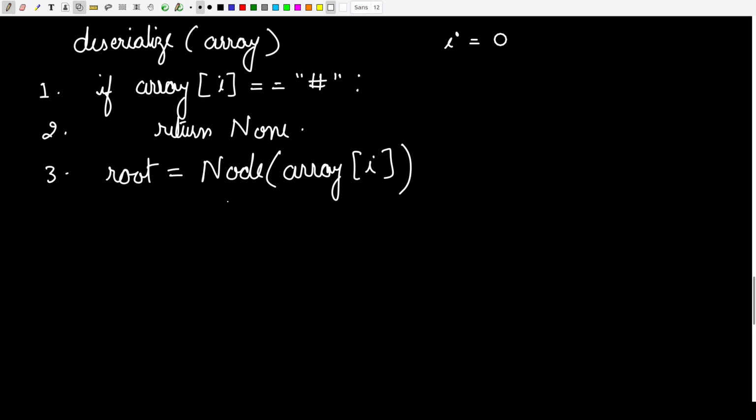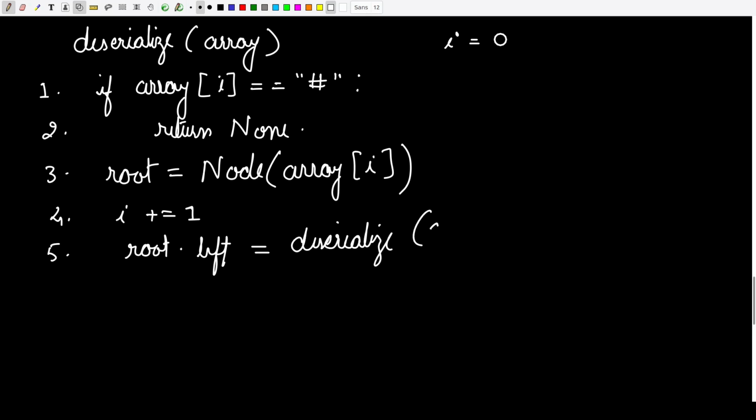Now comes the left and right part. Now as we know, if the ith position contains the root of a binary tree, then the I plus 1th position contains the left child of the binary tree. So we are going to increase our I by 1, and then we are going to say that the left child of the binary tree is the next element, which can be obtained via deserialization, which will be like this.